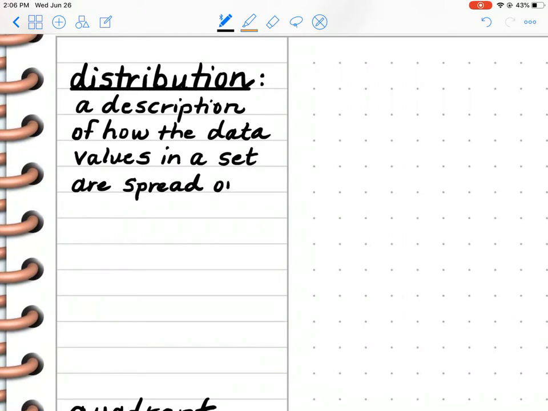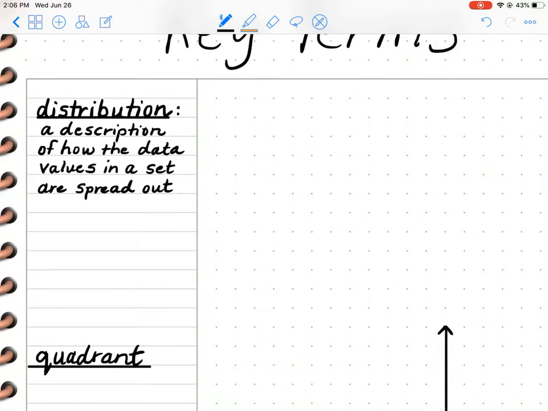So distribution is referring in the simplest sense to the shape of a graph, a curve, some sort of graphical picture of a set of data. The distribution is the description of how the data are distributed.